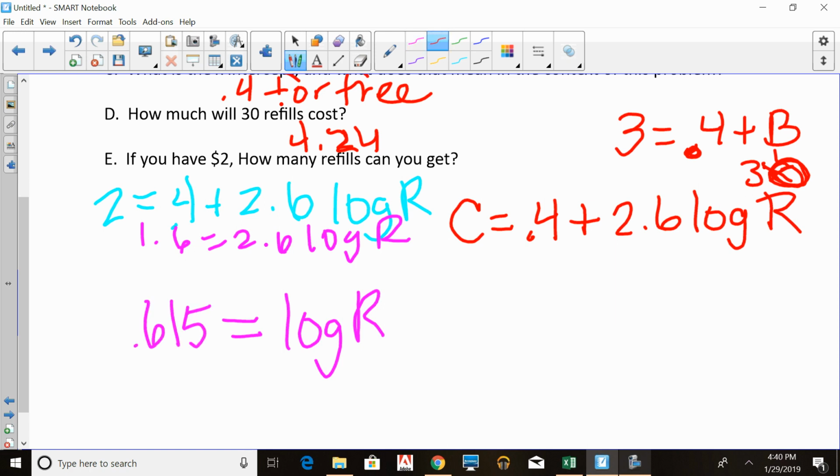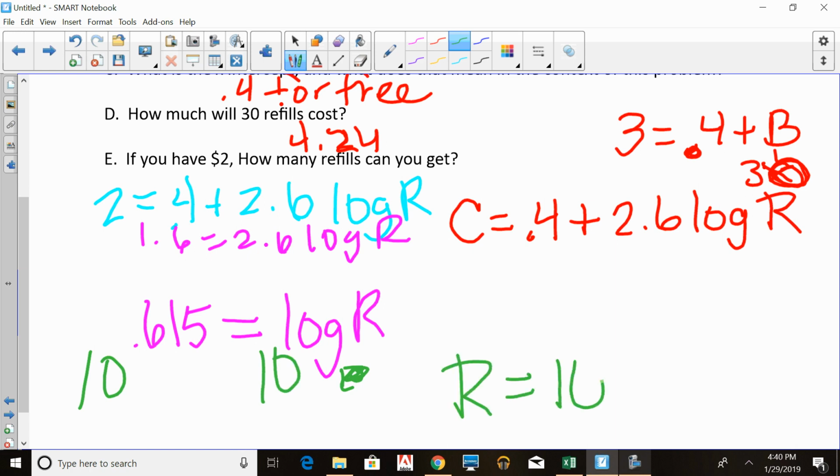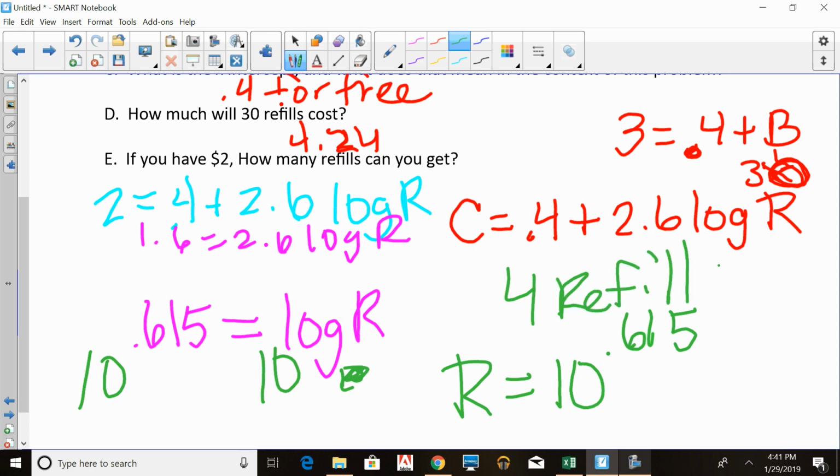And now when you do not see a base down here, that means the base is 10. So therefore, r equals 10 to the 0.615. And 10 to the answer would be 4.124. So you can have 4 refills. And that is all that you asked for questions on this assignment.